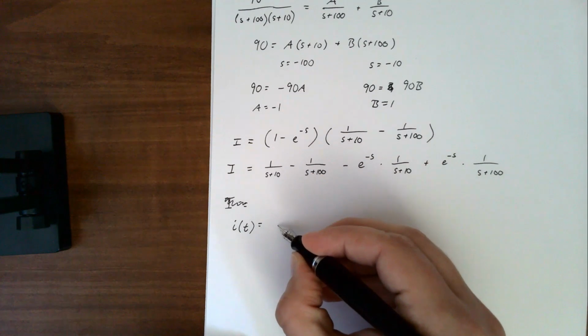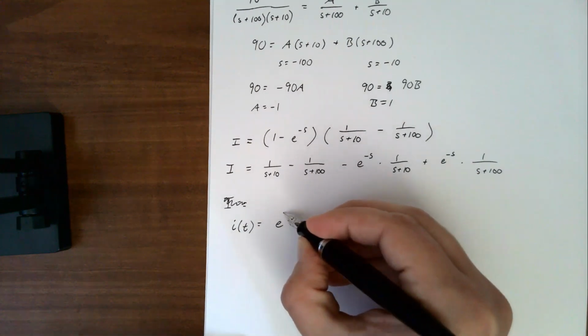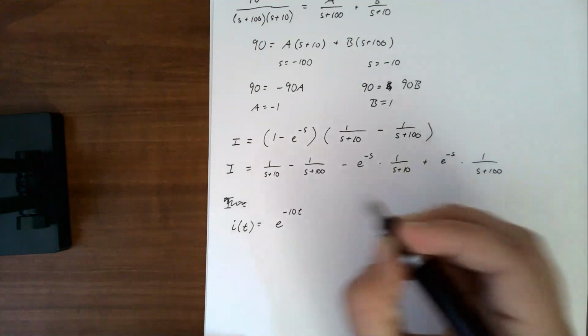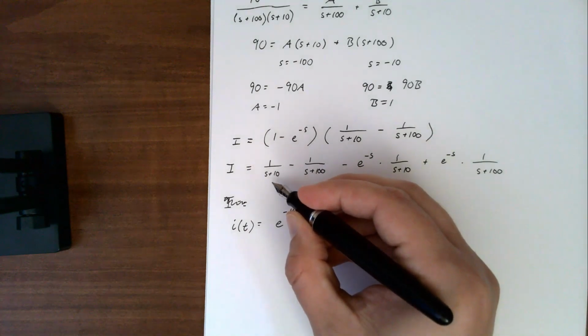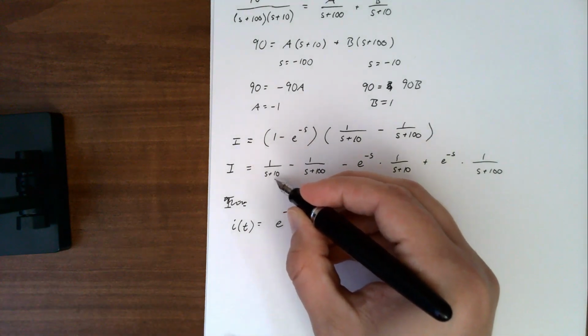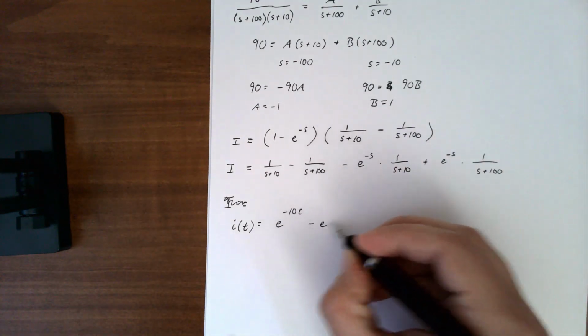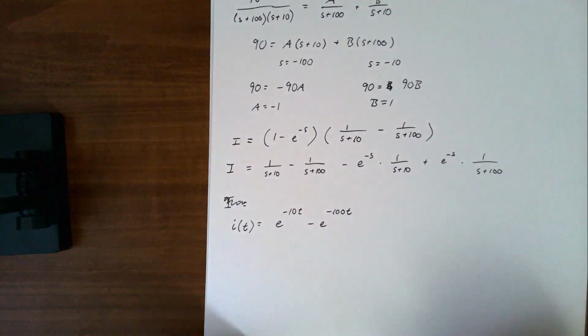They belong exactly squarely in the midst of any Laplace transform table. These are e to the at, where a here would be negative 10 and a here would be negative 100. So there we have that part.